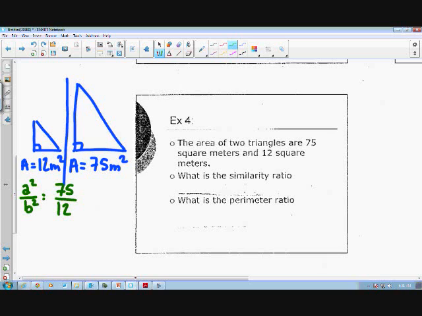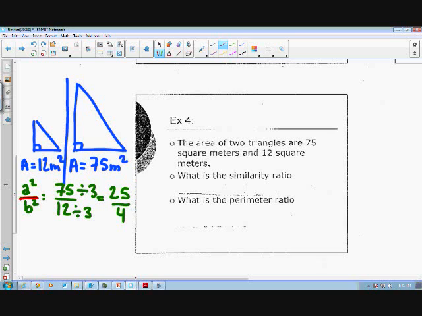And you know what, I think that simplifies, doesn't it? I know 3 quarters make 75 cents. Do you agree? So I'm going to divide by 3, and I get 25. I also know 12 divides by 3, which equals 4. Does 25 simplify further with 4? No, it doesn't. Okay, so this is the simplified form of the area ratio.